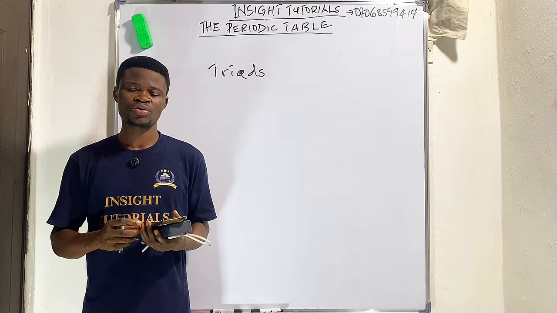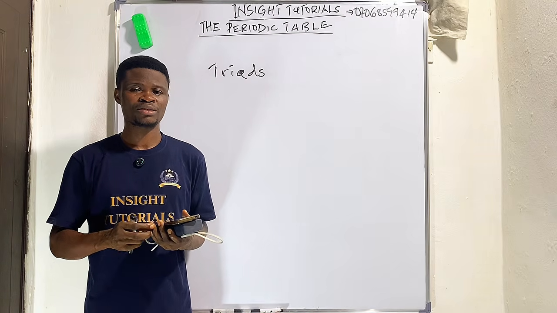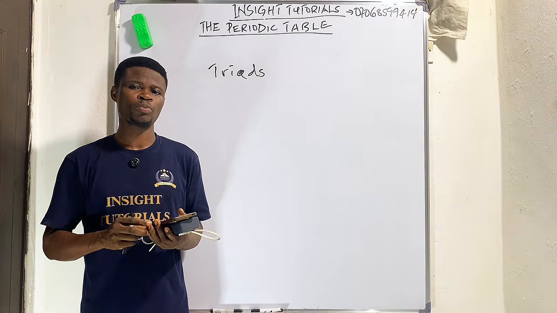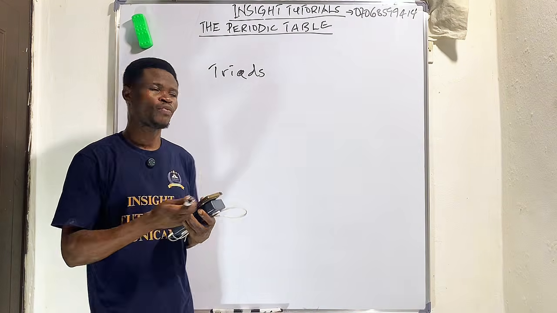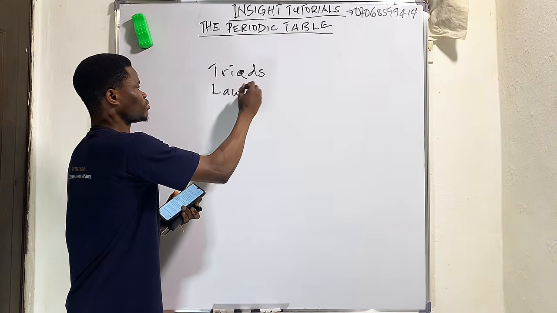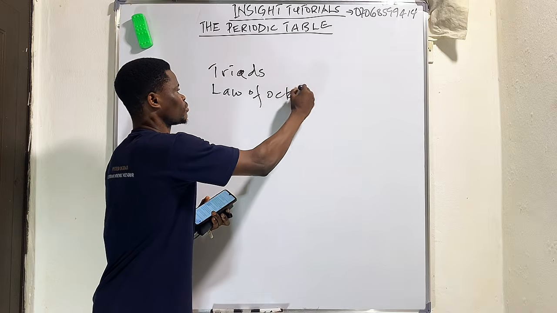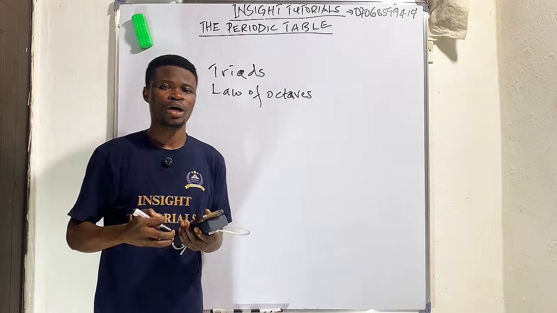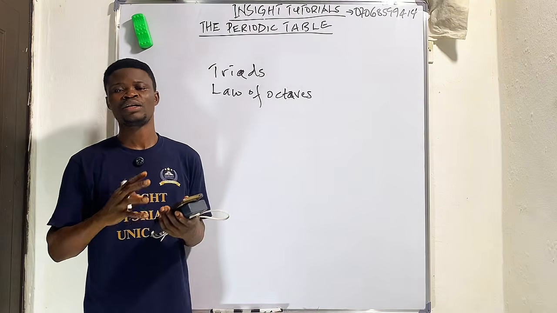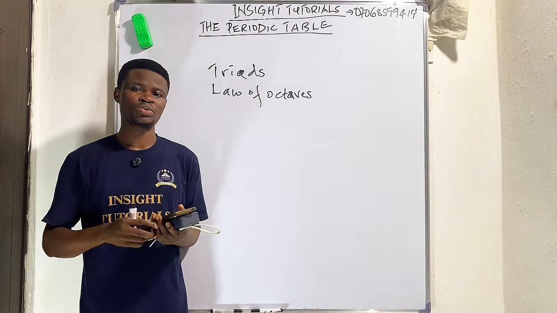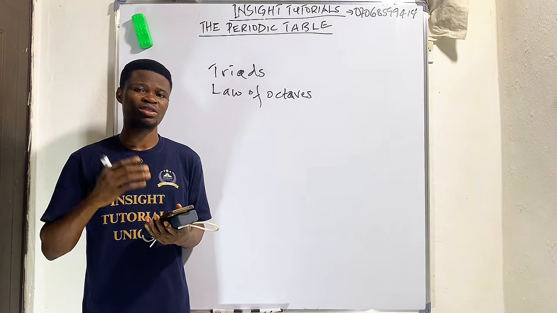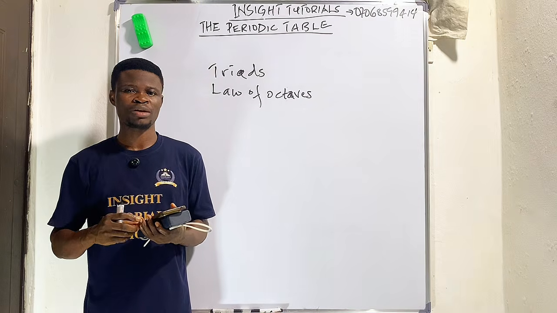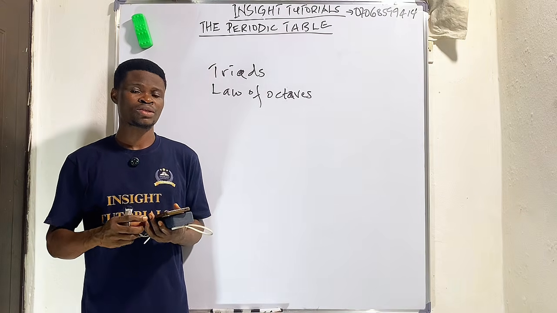Second to him was a man by name John Newlands. John Newlands in 1864 proposed what we refer to as the law of octaves. Newlands picked out about 62 elements and began to arrange them in order of their relative atomic masses.